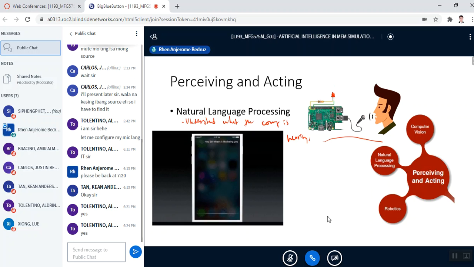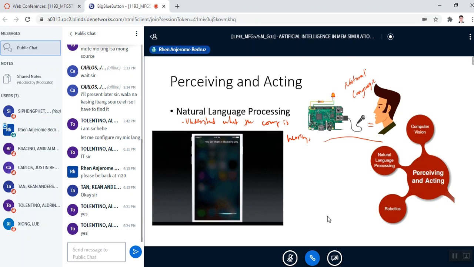That's a basic example of natural language processing. Natural language processing is when you're saying something in your natural language. When we say language, that is English, that is French, while natural language is the language coming from a person, an ordinary person.